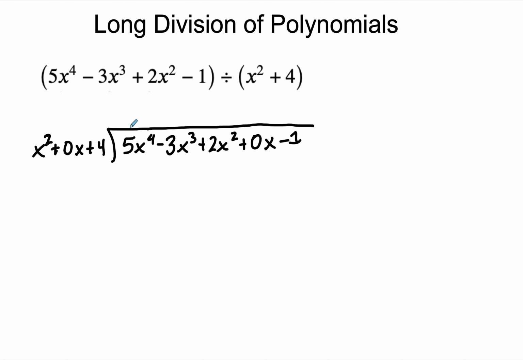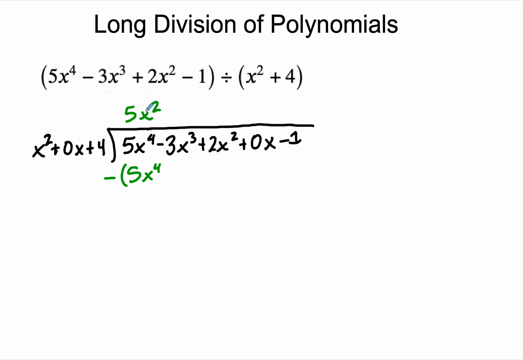Now we're going to actually start the long division. So here's how we do it. We want to subtract so that we can cancel out 5x to the fourth. So that means we need 5x to the fourth down here. I say x squared times what gives me 5x to the fourth? Well, that's 5x squared, right? 5x squared times x squared gives me 5x to the fourth.